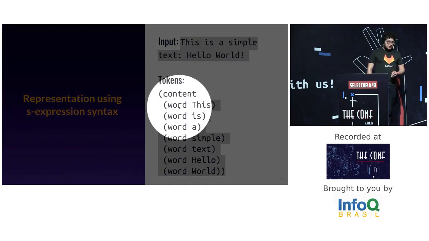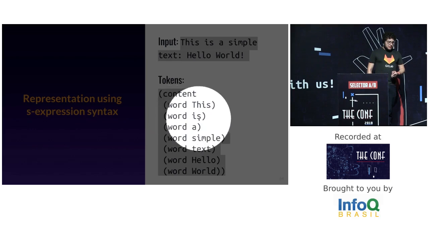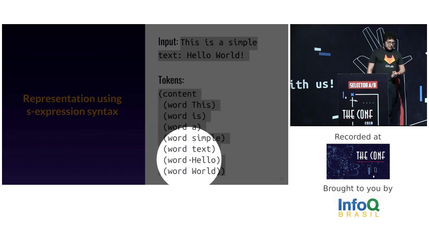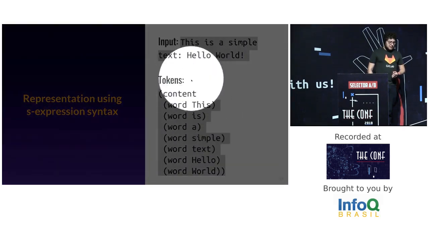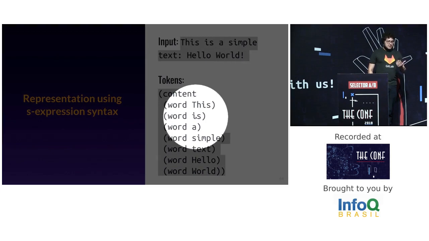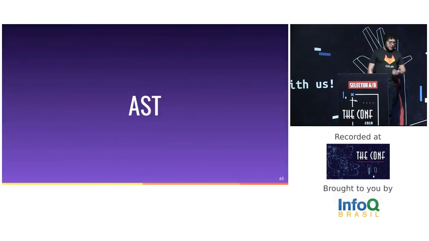It has the word this, the word is, the word a, etc., and it closes the content here. So this is our input, and these are the tokens that the scanner can identify and provide to the next step. The next step is the abstract syntax tree.